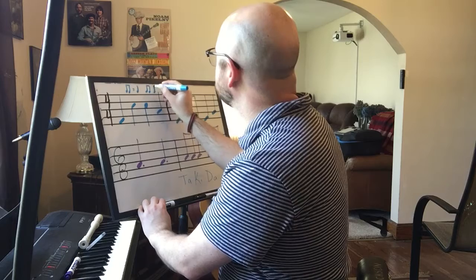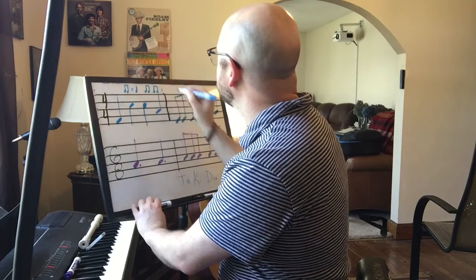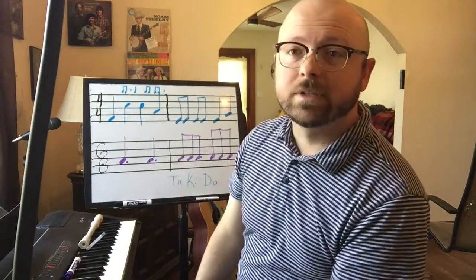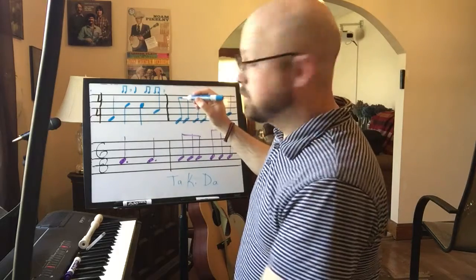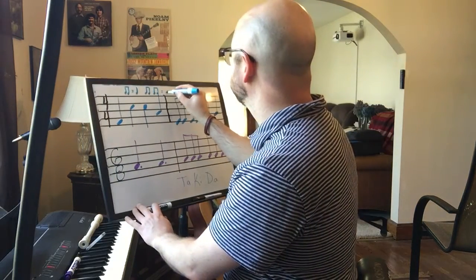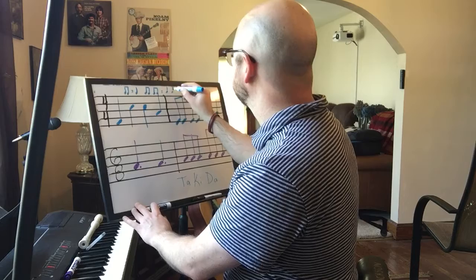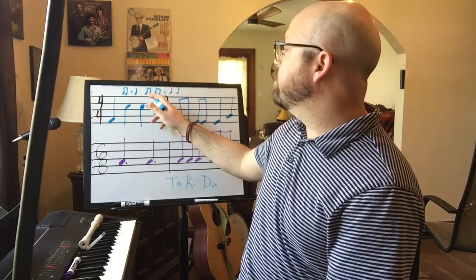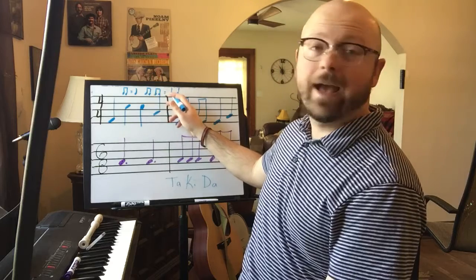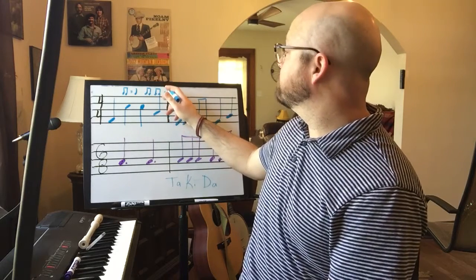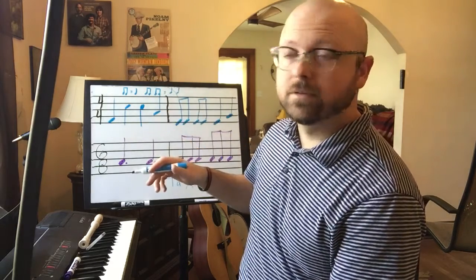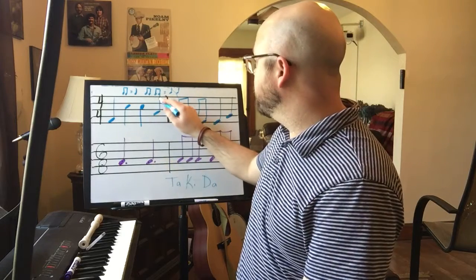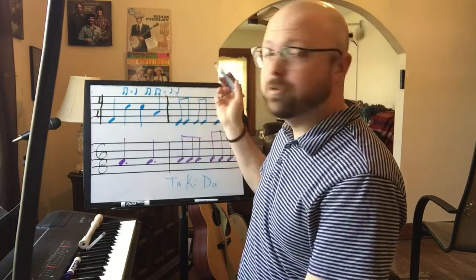I think this might be a little easier to see. 4 eighth notes equals 2 quarter notes, right? So basically, 2 eighth notes occur when you cut a quarter note in half. All right, so we have 2 sets of 2 eighth notes there, and then we have 2 quarter notes.